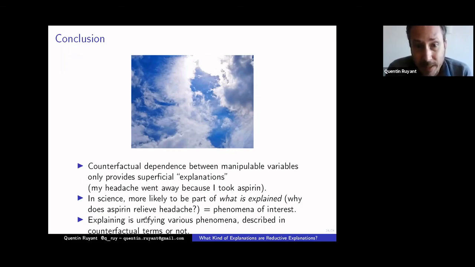And explaining is just unifying various phenomena that can be described in causal or counterfactual terms, unifying them by a representation of what Kitcher would call patterns of derivation. And that's it. Thank you.